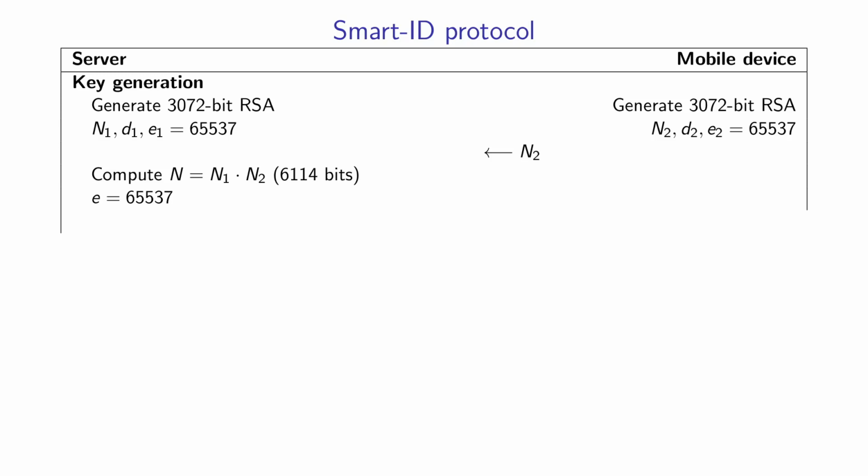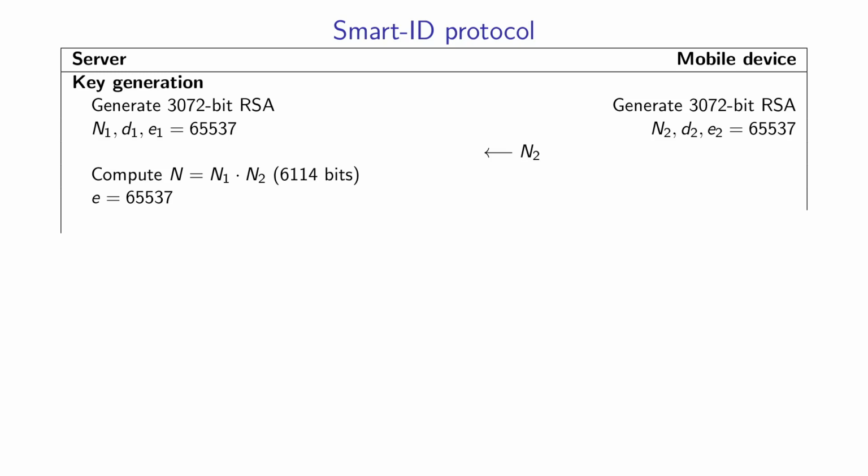Let's look at the security level of this scheme. What do you think? What is the security level here? Now, for some attacker who sees only the common public key, it looks like 6000 RSA. So to break this key, the attacker would have to find the 4 prime factors from which this public key modulus is constructed. A different perspective is when we consider the server or the mobile device as an attacker.